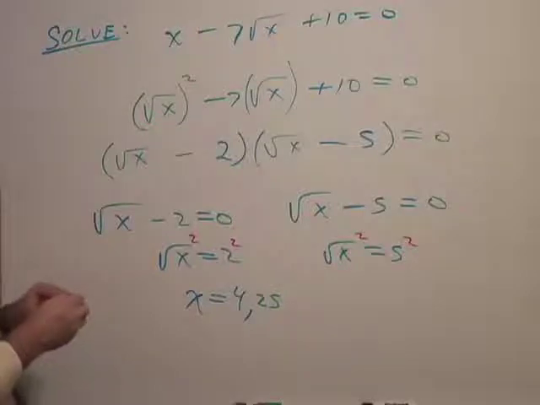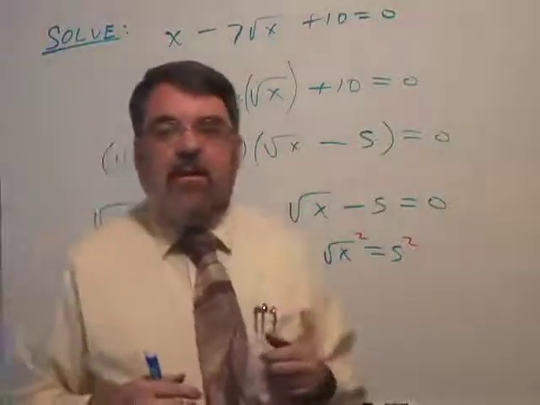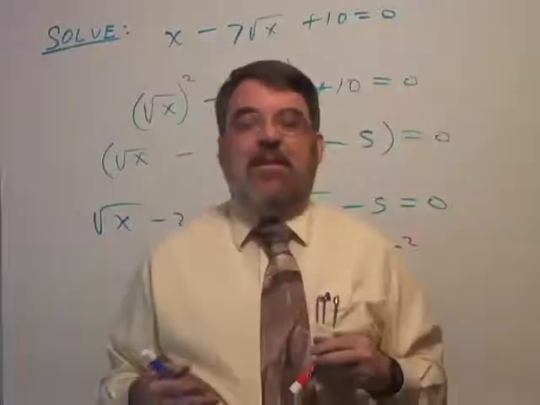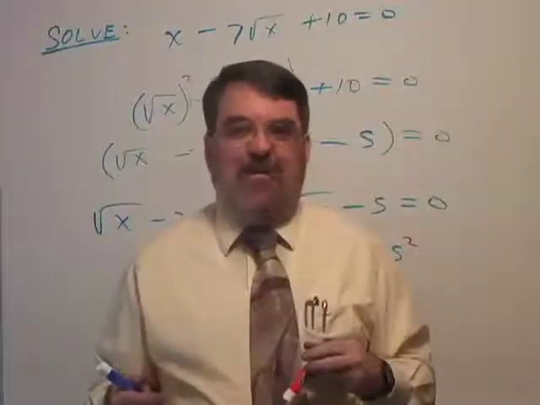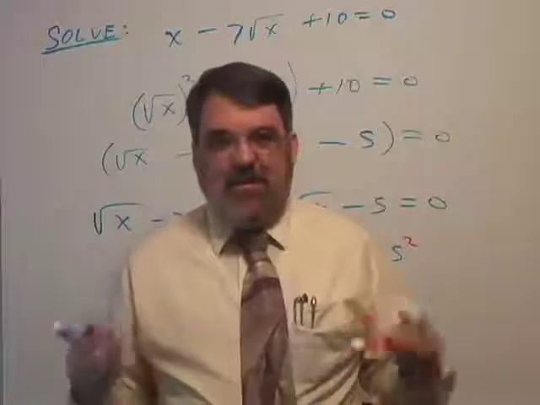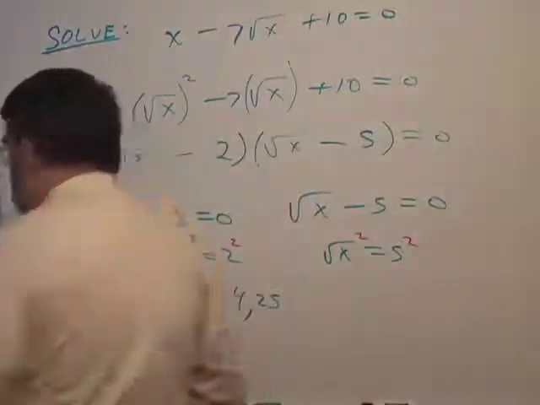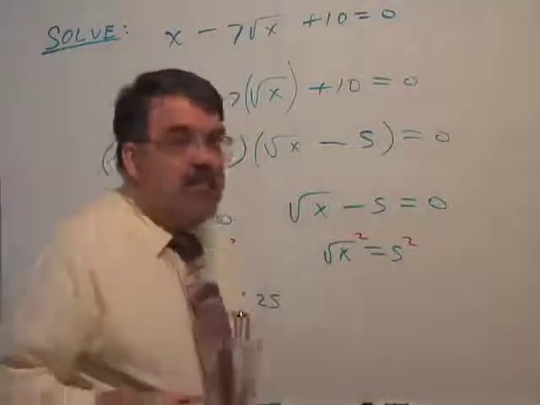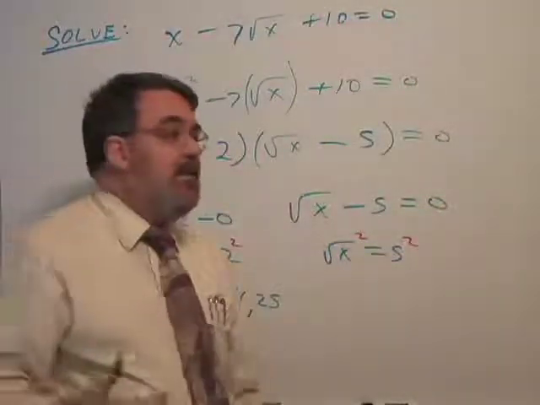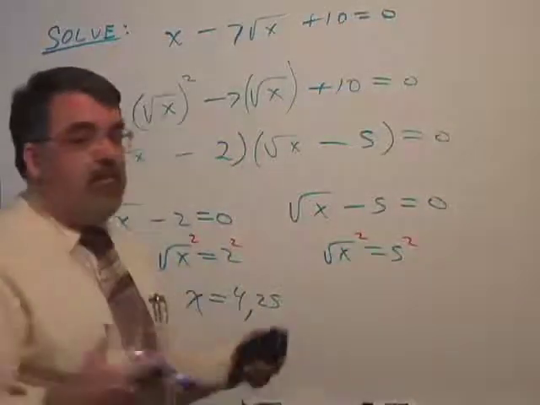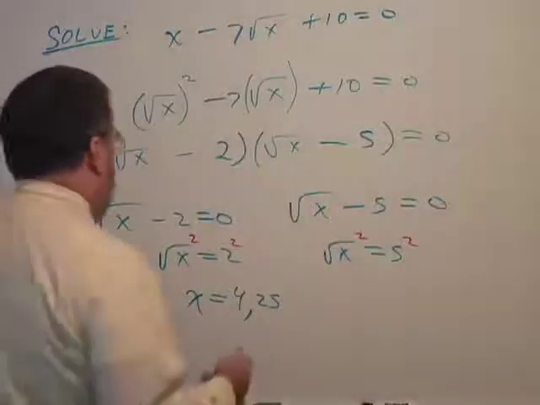So there are answers. Now, as before, if you have an equation with a square root in it, then there's that potential for error. And so we need to check our answers. And honestly, I don't know what's right here. Sometimes it's possible you can check these and neither one of them works. They both might be wrong. It could be both of them are okay. It may be just one of them is not okay.